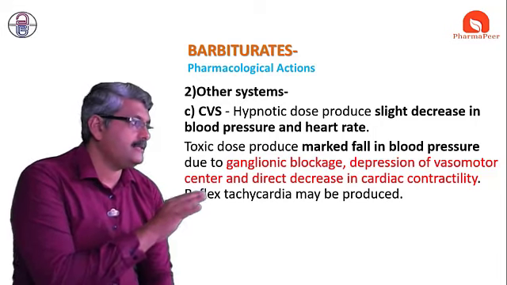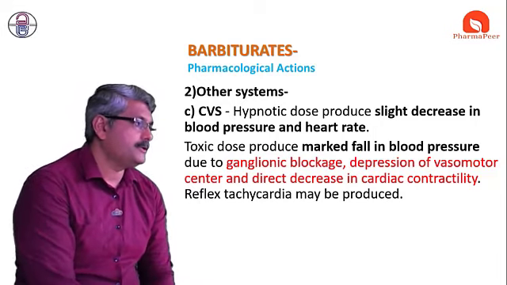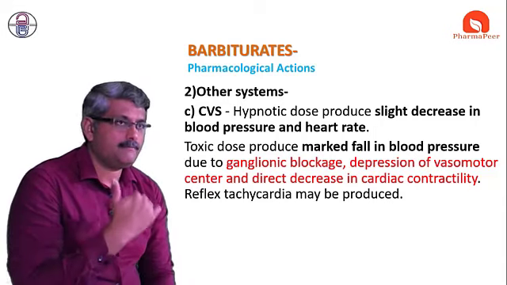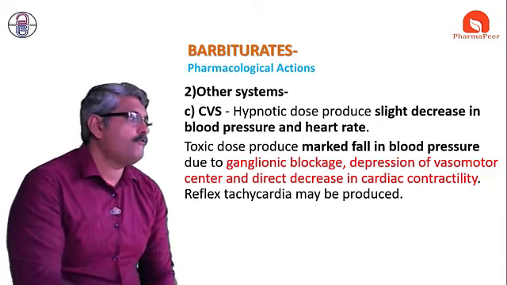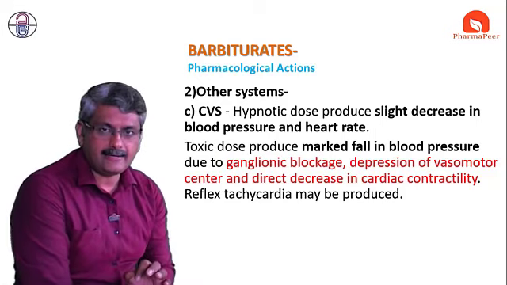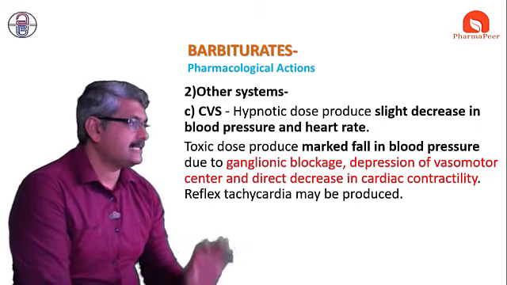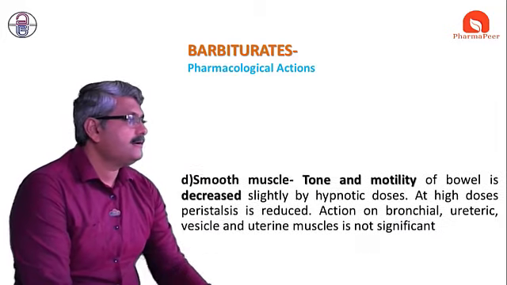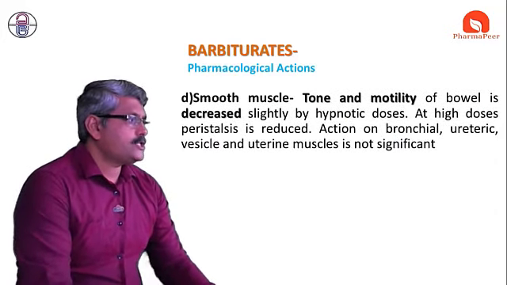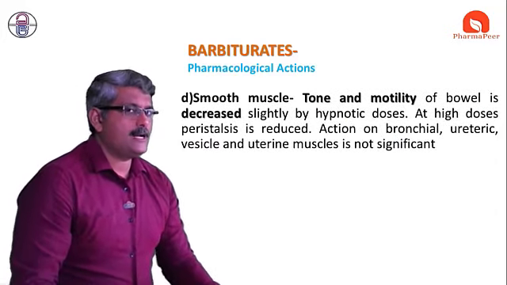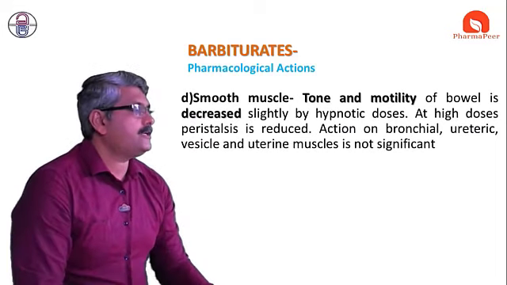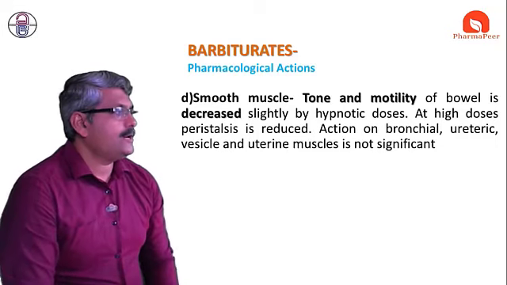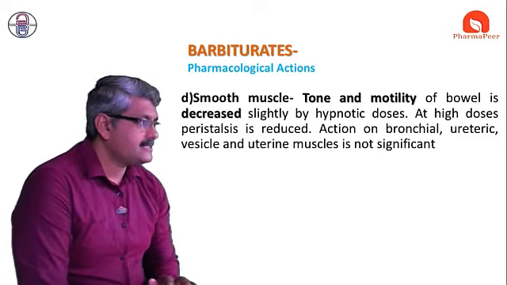This is the reason why there is a sudden fall in blood pressure. And if we suddenly withdraw the barbiturate, we could notice reflex tachycardia. With respect to smooth muscle, we have seen that skeletal muscle contractility is reduced. In smooth muscle, the tone and motility decrease.